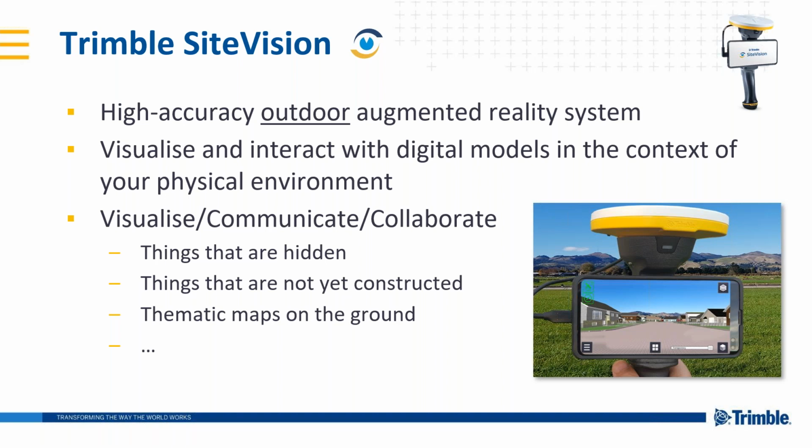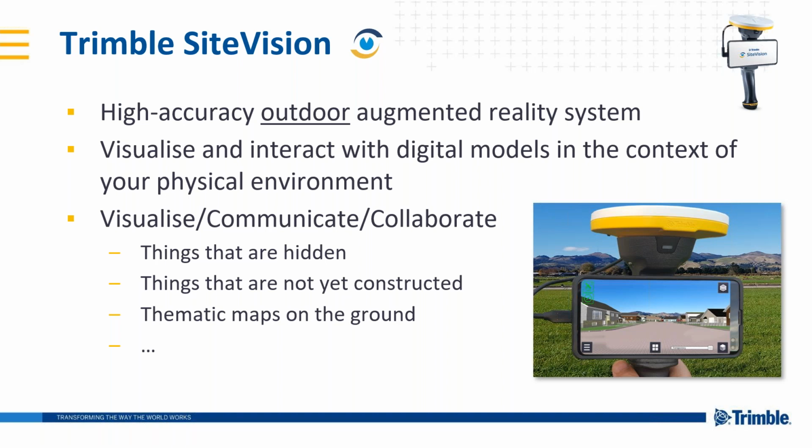In terms of visualizing the data, it enables improved communication and improved collaboration across projects and sites, for different types of data sets. It can be things that are hidden, it can be things that are not yet constructed, as in the graphic on the right hand side, which shows a residential development overlaid on an empty green field.